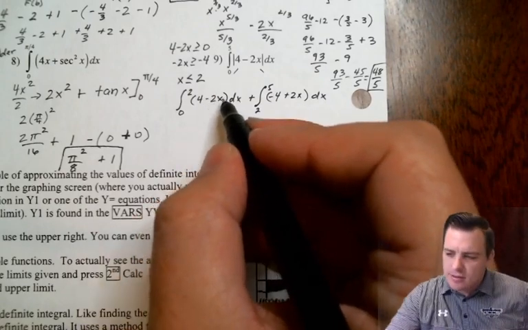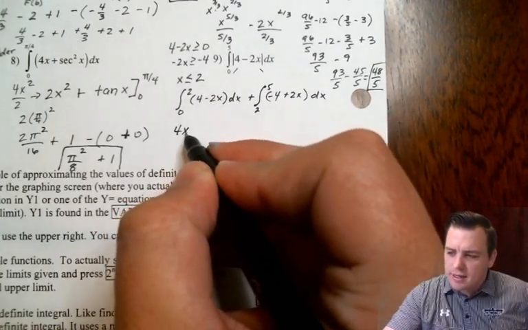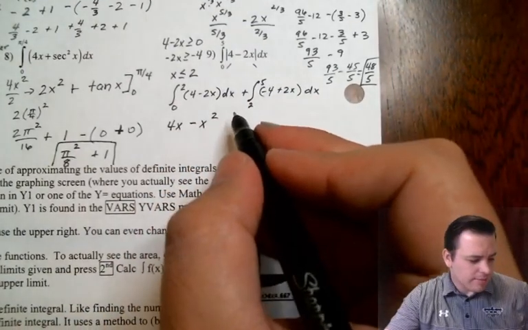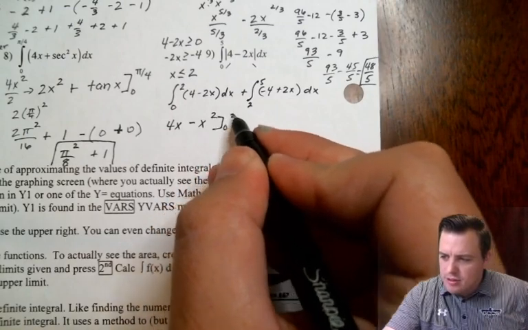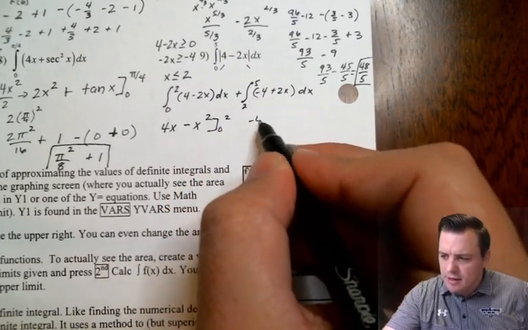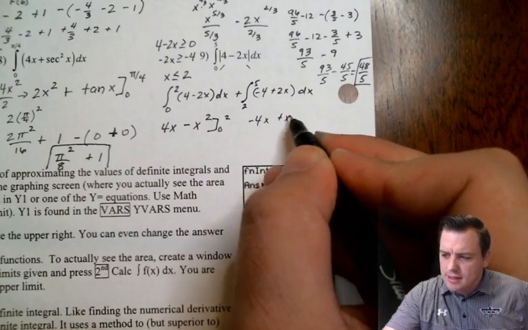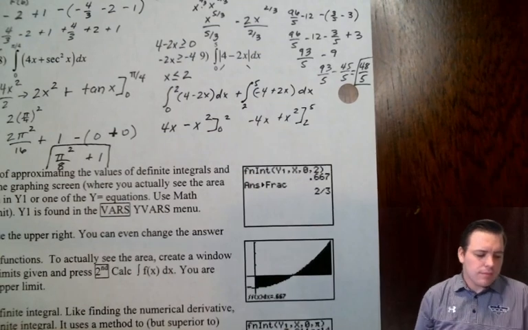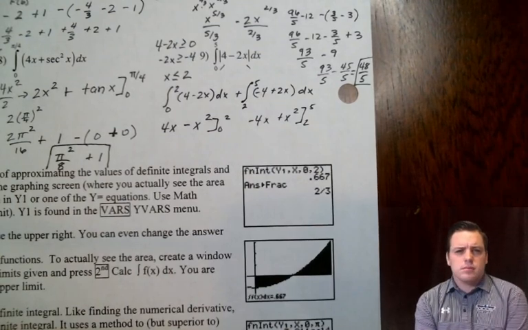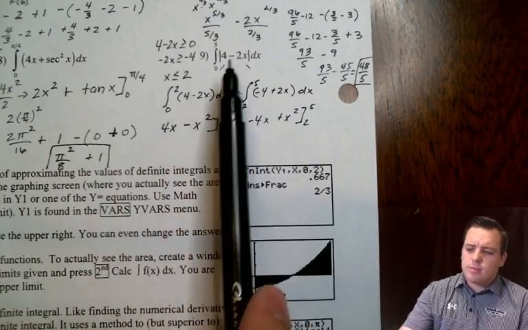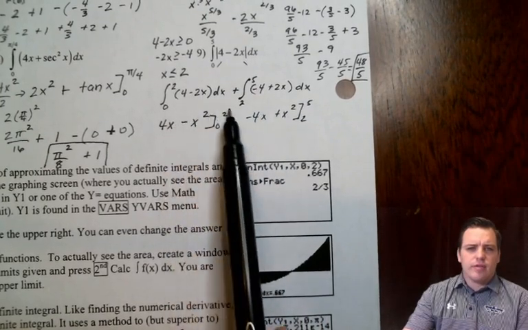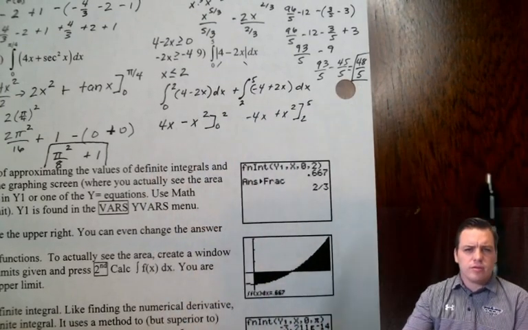Get the antiderivative of this, which would be 4x minus x squared from 0 to 2, and then take the antiderivative of this, which would be negative 4x plus x squared from 2 to 5. So again, split them up just like we did here, and then do the antiderivative and then evaluate both of those.